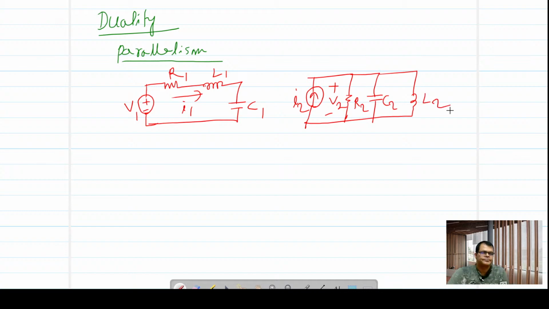These are the two circuits. Let us write the characterizing equation for both.